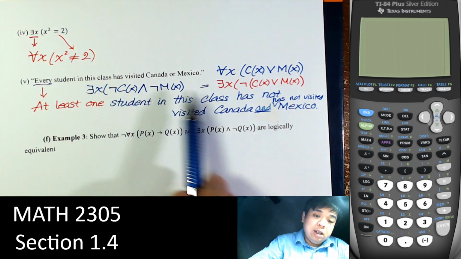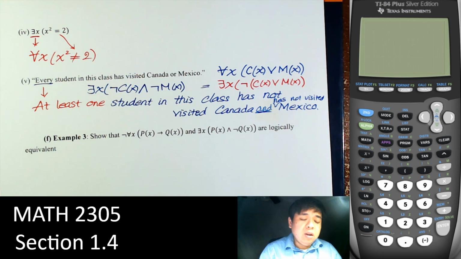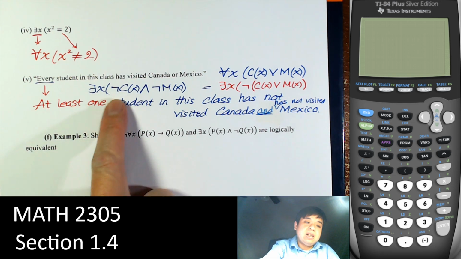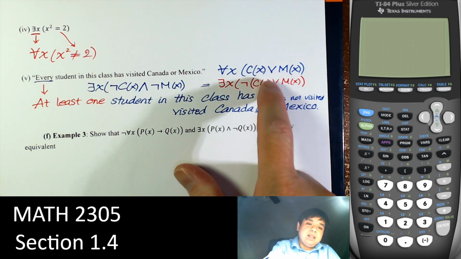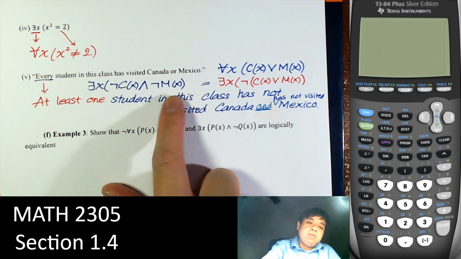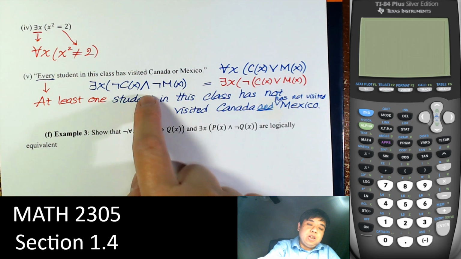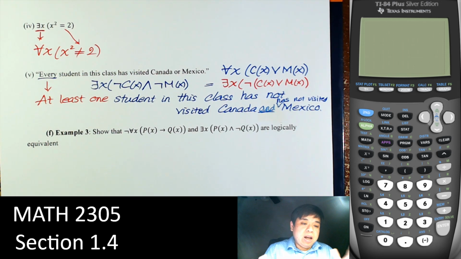So once again, at least one student in this class has not visited Canada and has not visited Mexico. It's a more precise statement than that. So it's better to remove the parentheses and use De Morgan's law, and that's how it works.